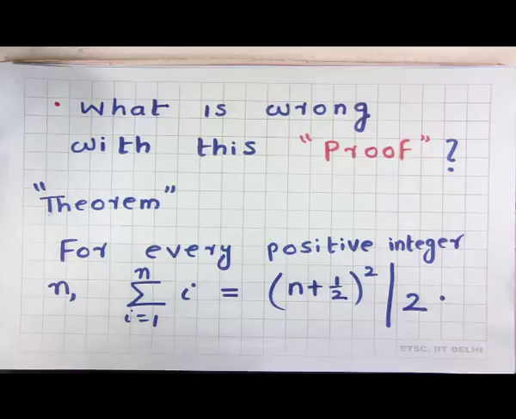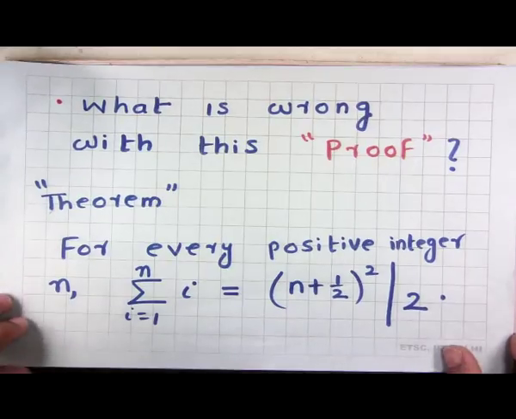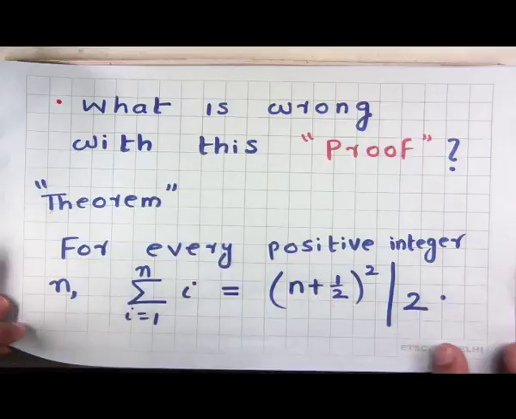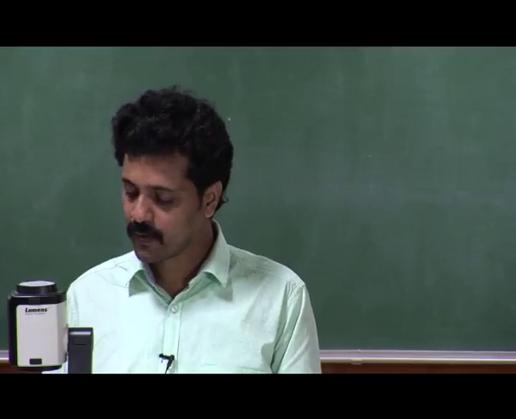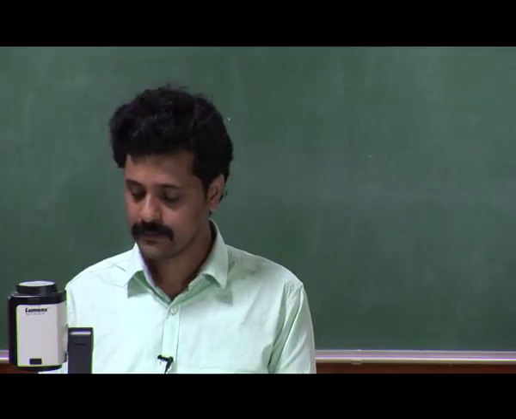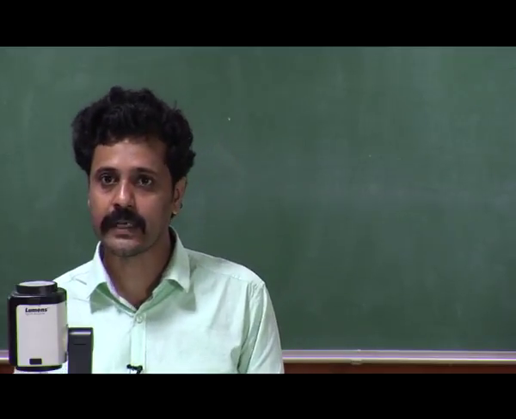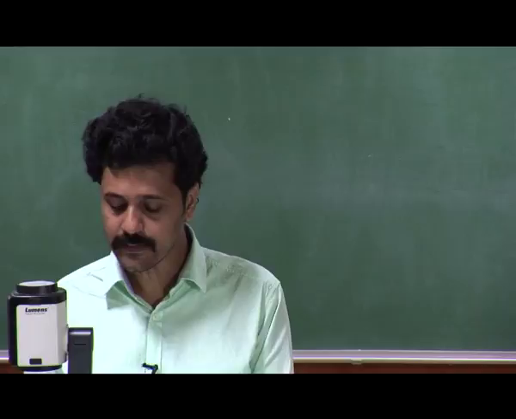Recall, we proved the correct statement for the sum of first n natural numbers. Here there is a false statement, but for the time being let me call it a theorem. Now, I am trying to employ mathematical induction to establish this so-called theorem.